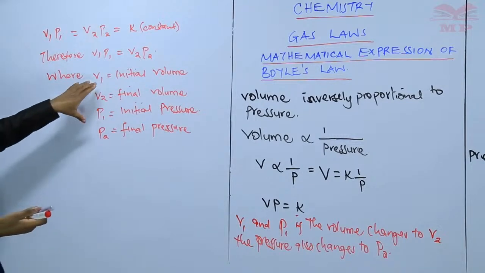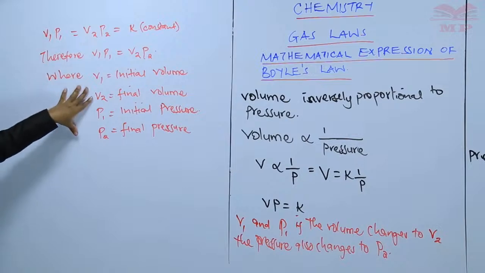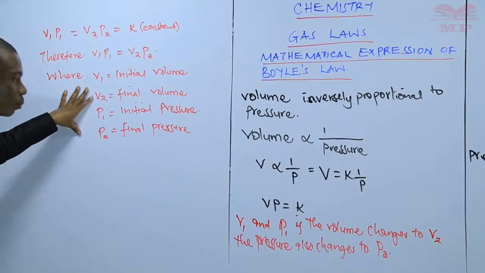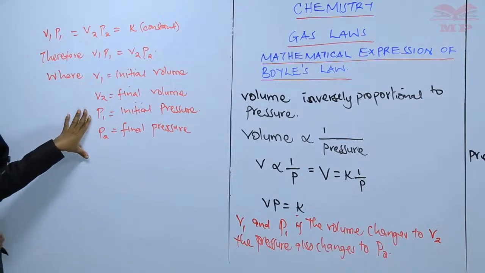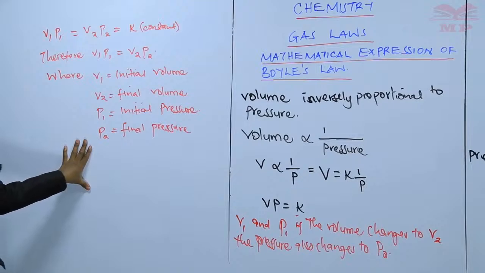So V1 is the initial volume before you did a change. V2 is now that final volume. P1 is the initial pressure, and P2 is the final pressure after the change.